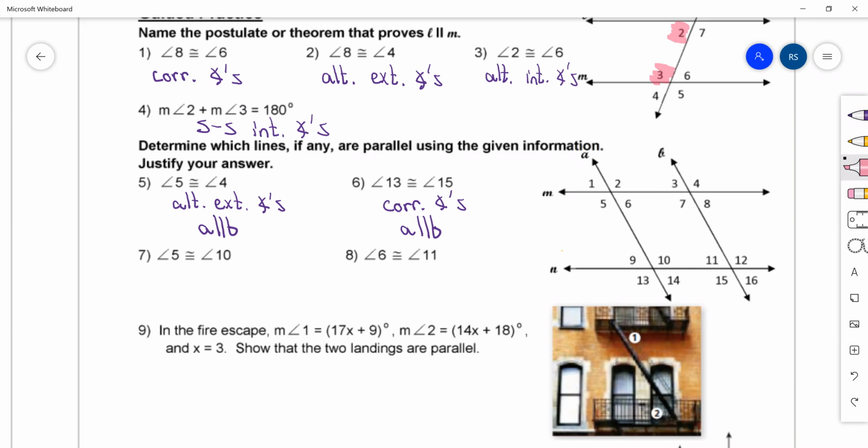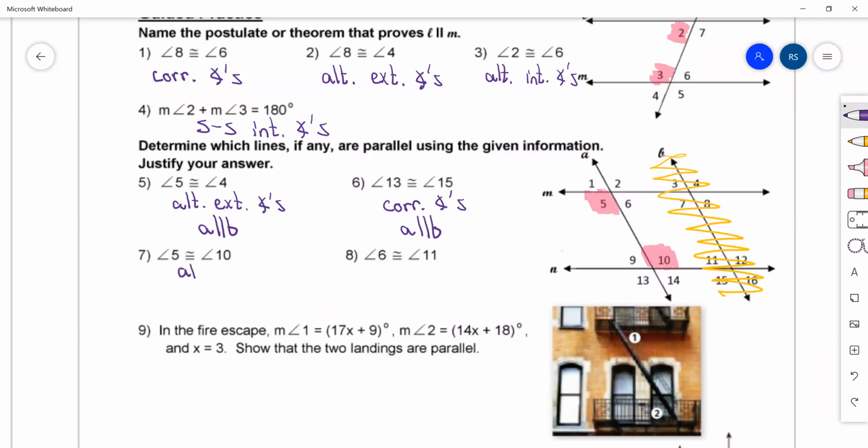Okay, erase our markings because we got a new problem coming. Then they ask us about 5 and 10. And we don't do anything with this line over here, so let's scratch it out for now or cover it up. Five and 10 are congruent. Well, what kind are those?